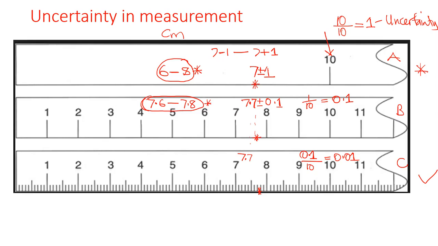But then this is between 7.7 and 7.8. So I can decide what it should be. Maybe I'll just say 7.75.